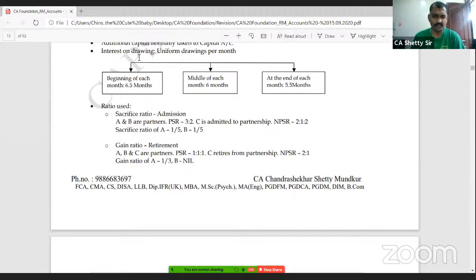So what did you write? X capital account debit 40 lakh, to Z's capital 30 lakh, to Y's capital 10 lakh. Here there are 2 RMRs. Now you put 2 RMRs on the left side.